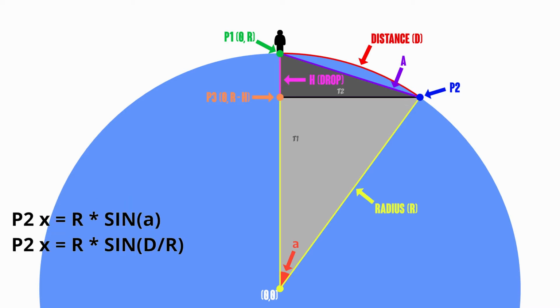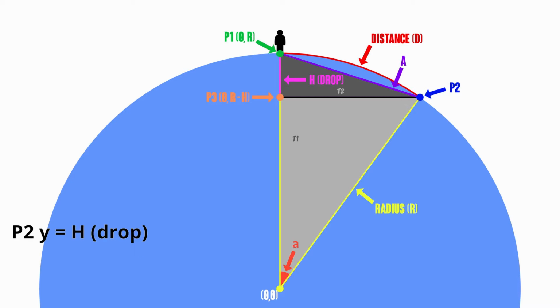Plugging in the angle value for our P2x calculation, we get x equals radius times the sine of distance divided by radius. And we have our y value from the calculated drop using 8 inches per mile squared. Before we start plotting this result, why don't we come up with our own equation to compare it with?